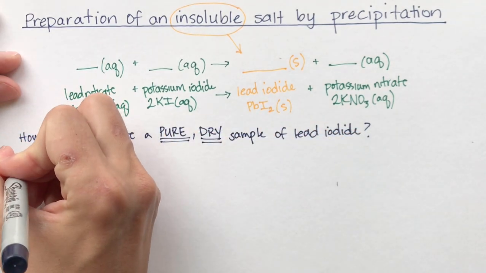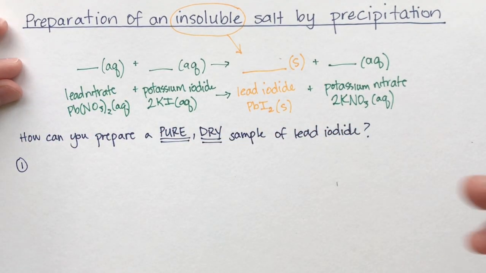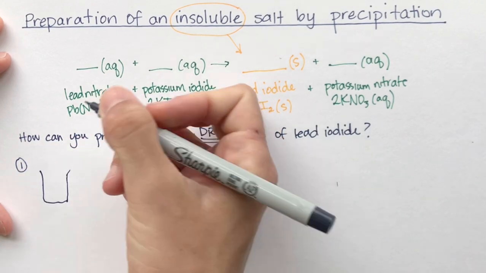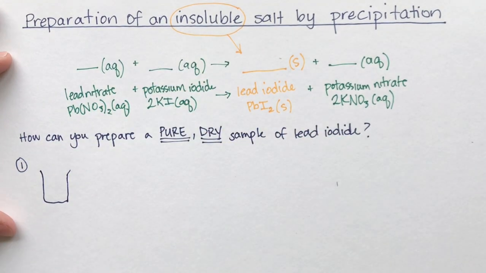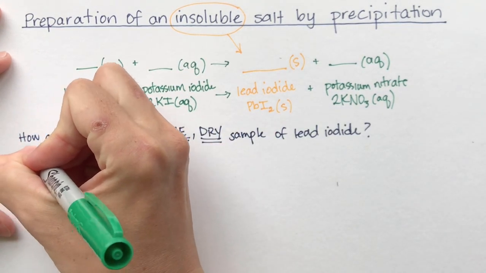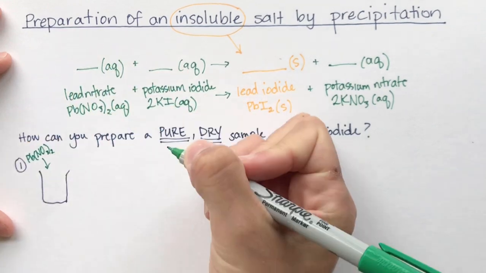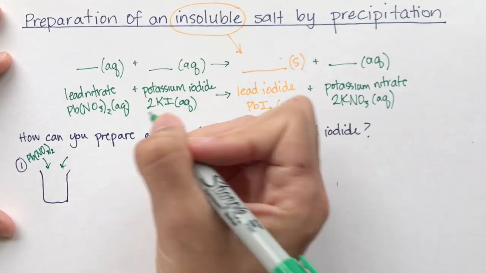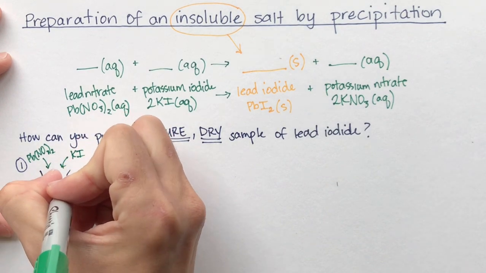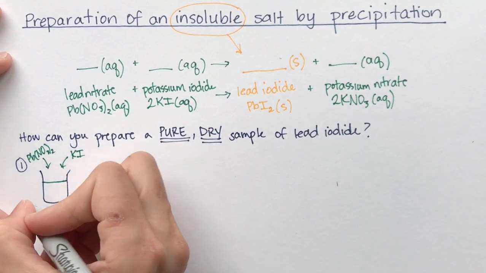So step 1 is simply taking a small beaker, okay, and adding your 2 solutions. So you add a bit of lead nitrate, and a bit of potassium iodide. Okay, you want to make sure you stir.